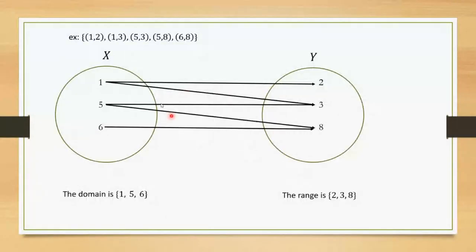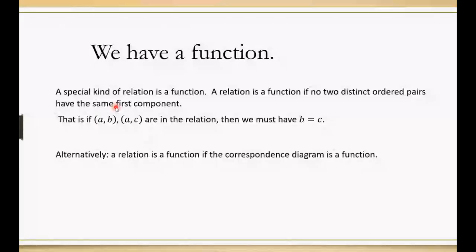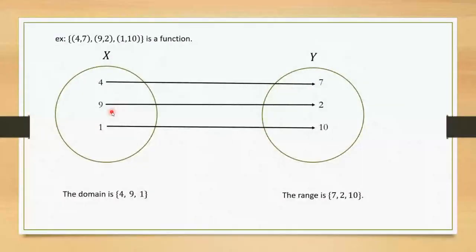I don't want to go too fast, so let me do that. Okay, moving on. All right, here we go. Now, so this is a function. Even without the correspondence diagram, you should be able to see that because the ordered pairs all have different x coordinates, as you can see.